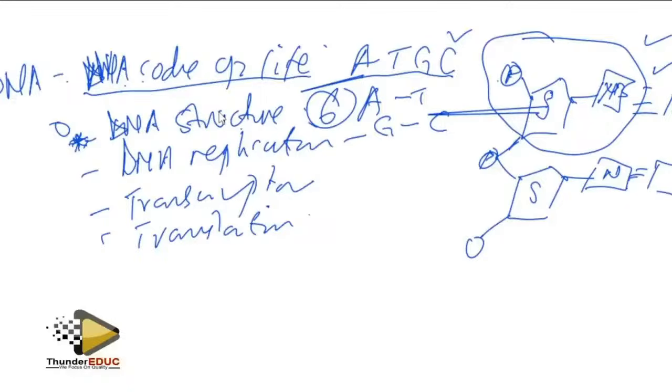Saying 2 separate strands is another mark. The 2 strands, they will act as a template. And then using free floating DNA nucleotides, we form a complementary strand, whereby adenine goes with thymine, guanine goes with cytosine.